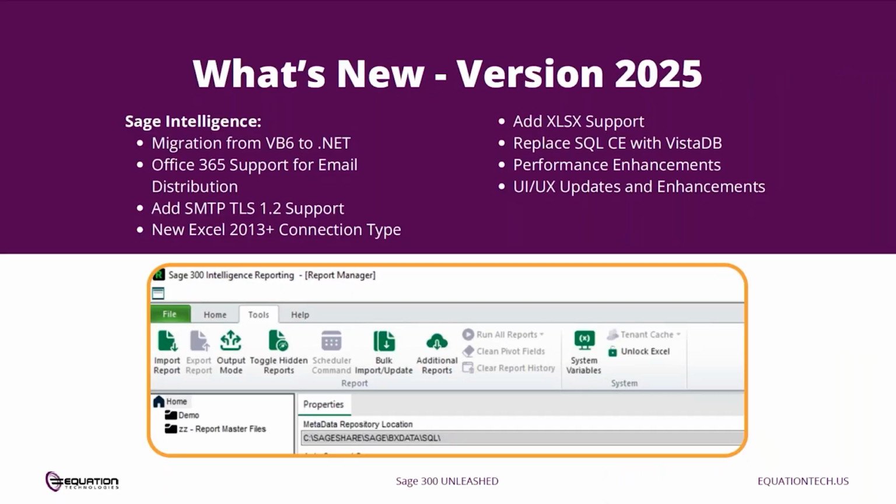I think the biggest thing for version 25 that was just recently released is the complete overhaul of Sage Intelligence. I know a lot of our clients are using Sage Intelligence as a reporting mechanism, and Sage has done a massive overhaul of the underlying engine that supports the system and migrated from Visual Basic to .NET, and a bunch of other support as well.